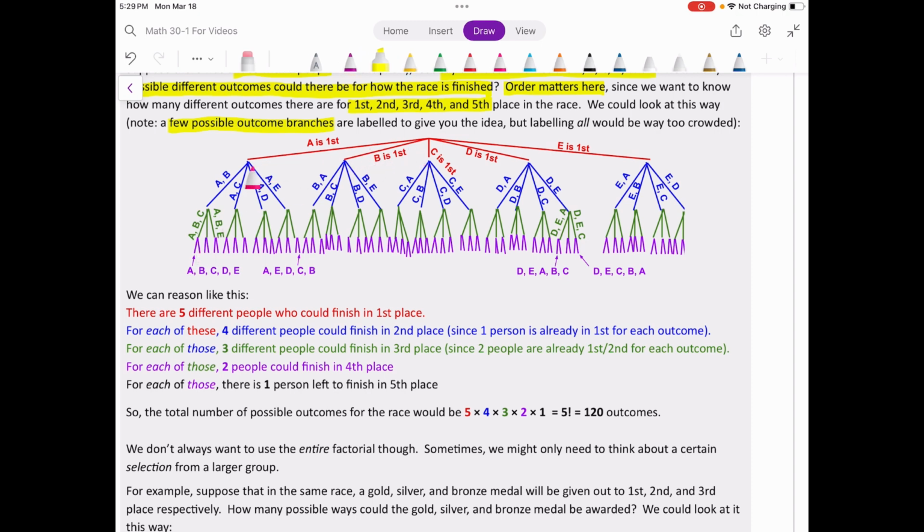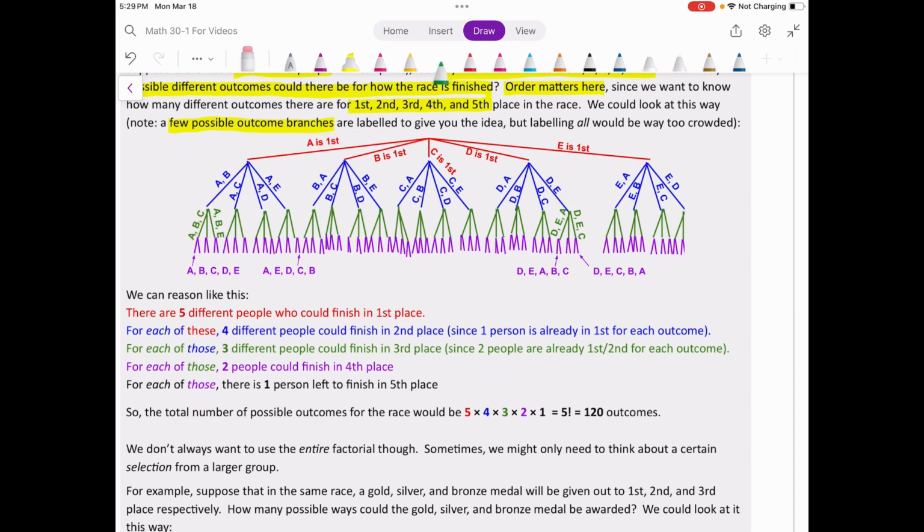So here's one possible outcome if you just watch along this branch here. That's one possible way it could turn out. That represents A, then B, then C, then D, then E. But even just switching around D and E, that's this outcome, right? Now imagine doing that for every possible arrangement, okay?